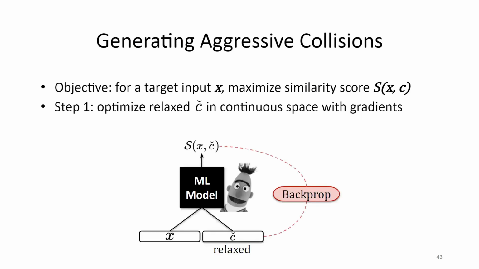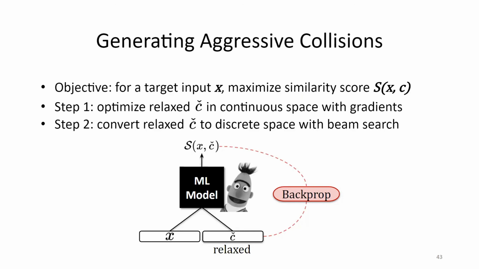In step one, we optimize a relaxed version of the collision in the continuous space with gradient-based methods. We feed the model with the input X and the relaxed collision, compute their similarity score, use backpropagation to compute the gradients for the relaxed collision, and then update the relaxed collision with its gradients to maximize the score. Once we find the optimal relaxed collision, we convert it back to discrete space using beam search.